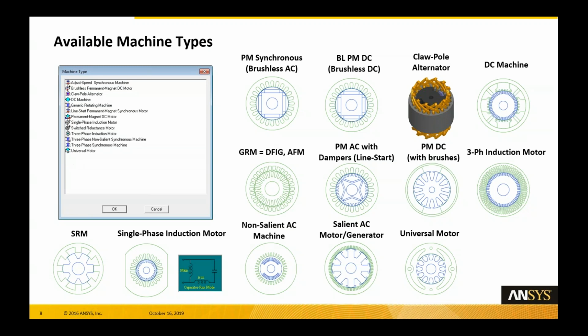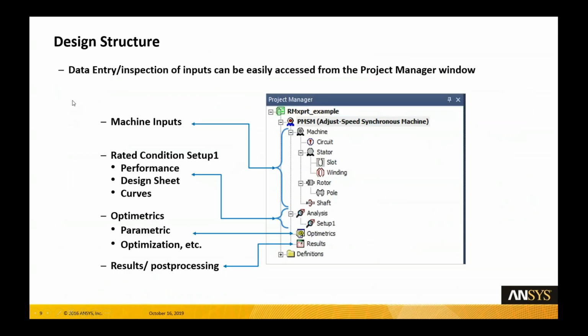Available machine types in MExpert, as you can see, there are about a dozen different machine types, from PMSM to BLDC, brushless DC. All different types of generic motor designs are available as templates. I'm not sure if this is still the same nowadays when you open MExpert.